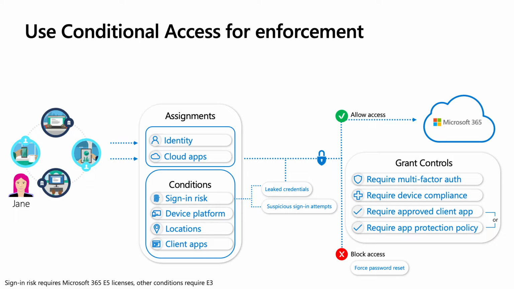Conditional access can also evaluate the user's risk to make a determination of whether that account is compromised or suspicious in nature. If the account's compromised, it could force a password reset. If the account's suspicious, it could force a different behavior, like blocking access outright or requiring further access requirements like multi-factor authentication. Ultimately, the set of assignments and conditions will dictate whether we allow access or we block it.